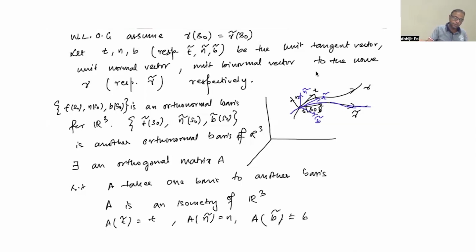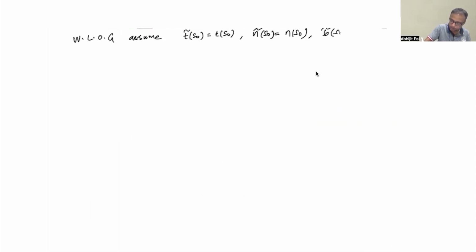Okay. So again, without loss of generality, I can assume that T tilde(s0) is equal to T(s0), N tilde(s0) is equal to N(s0), and B tilde(s0) is equal to B(s0).